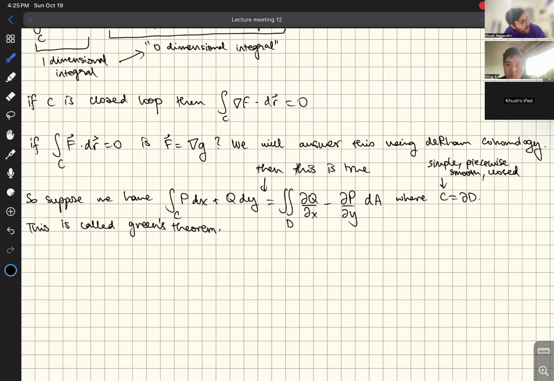The reason is, we'll define this later on, but the differential of a one-dimensional object is two-dimensional, right?